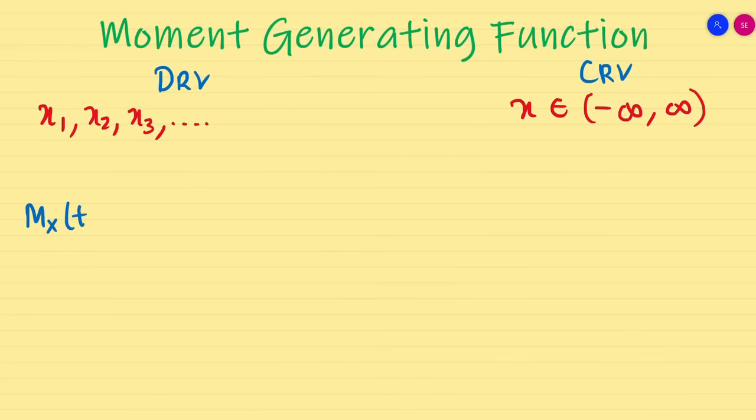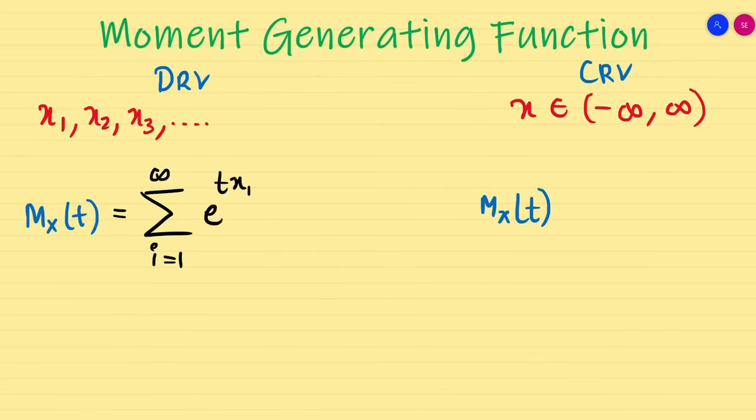Now the formulas one by one. It is the summation over i of e power t x_i into the corresponding probability, p of x_i. This is the formula for the moment generating function for the discrete random variable.